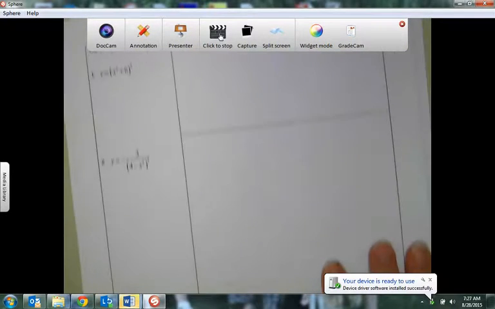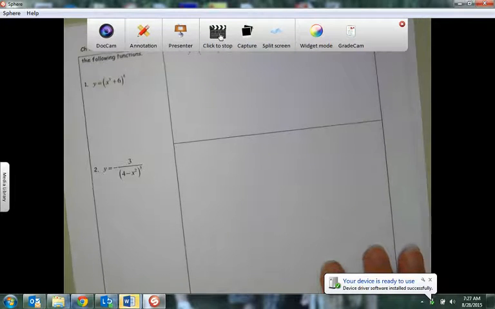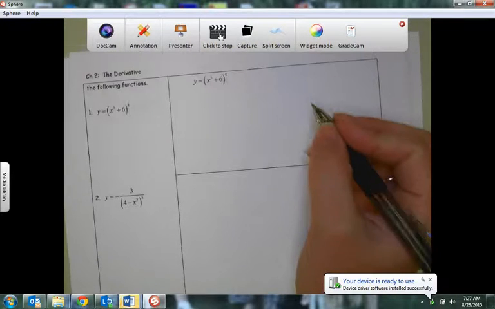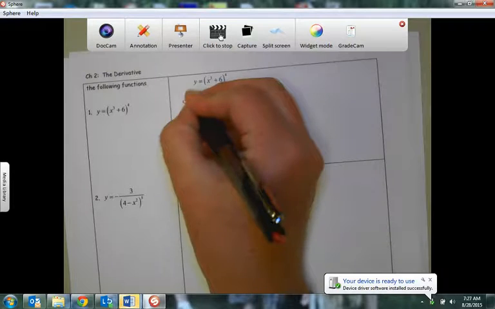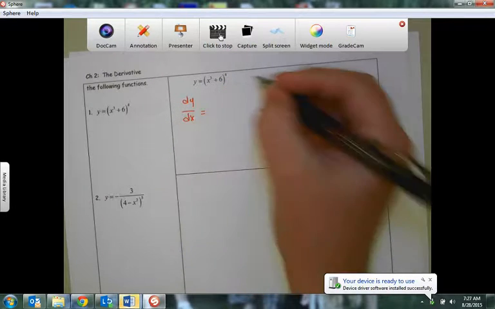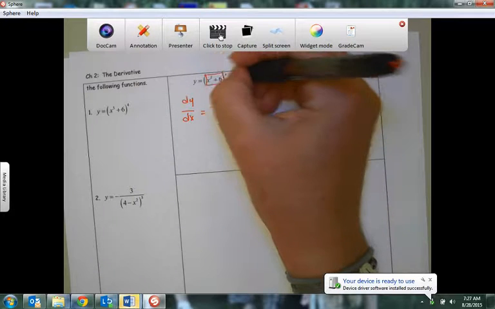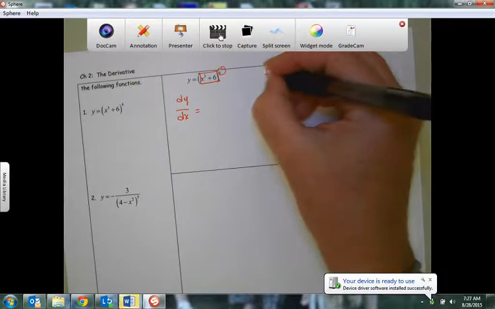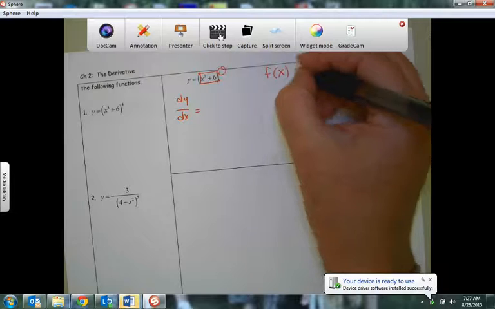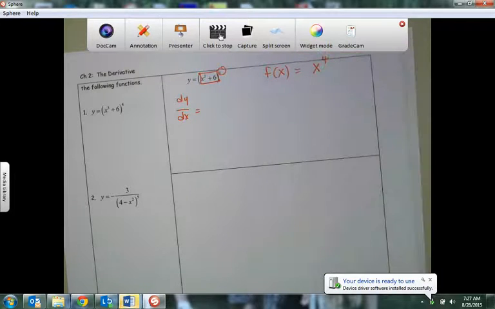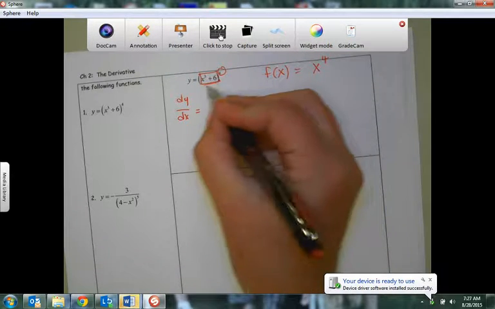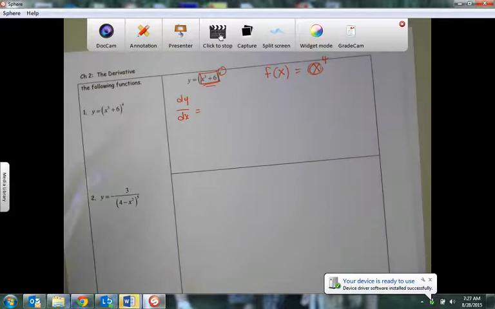Okay, so let's look at this one. We're going to find the derivative of this guy. So here dy/dx, this is my inside function, and my outside function would kind of be like x to the fourth. And then the inside of that x is the x cubed plus 6.